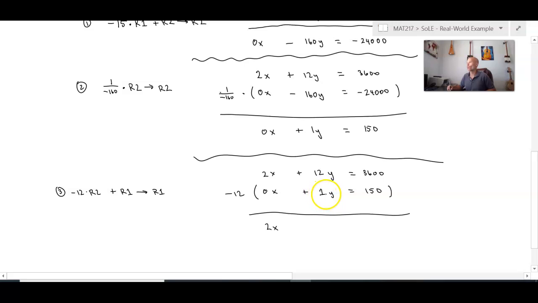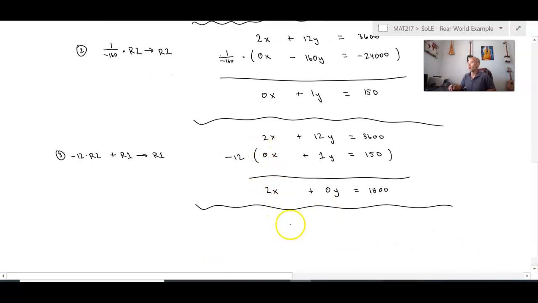Negative 12 times 1 is negative 12, plus 12 is 0. And negative 12 times 150 is negative 1800, plus 3600 is positive 1800.